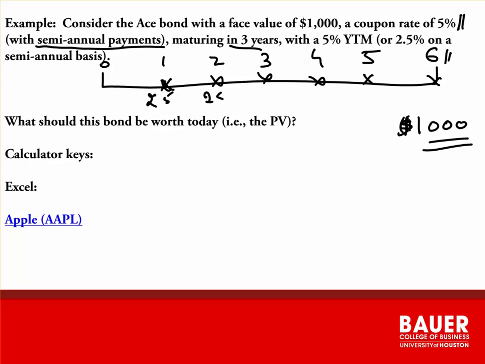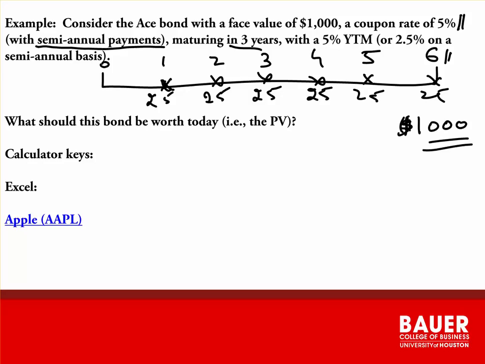Make sense? 5% of 1,000, but based on semi-annual payments, so that's 25. So you get $25 at 6-month horizons for 3 years, and then you also get the $1,000, which is your principal payment coming back to you. How much is this worth today?